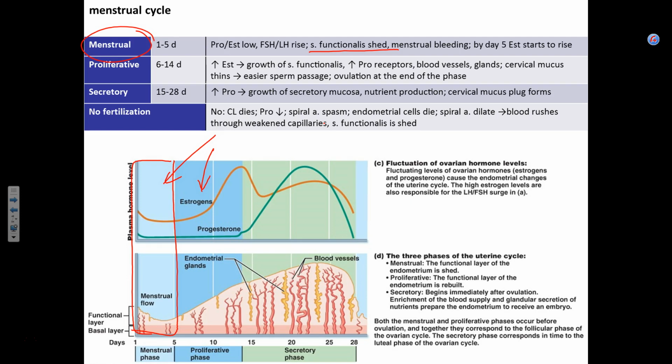Facilitates their growth. So estrogen stimulates the regrowth of stratum functionalis. Here, during that part, this is the proliferative stage. Proliferation, growth, right?